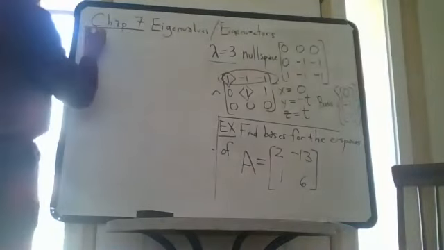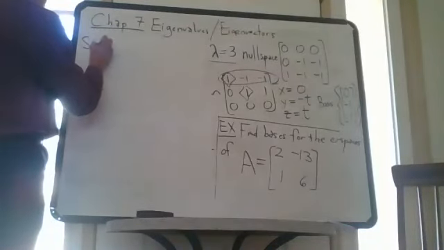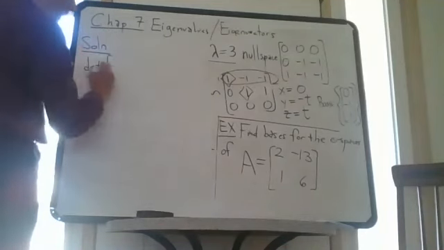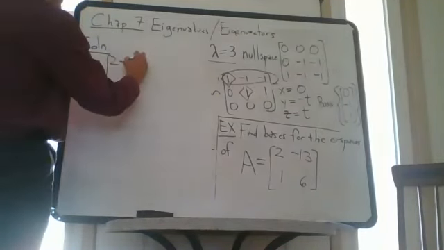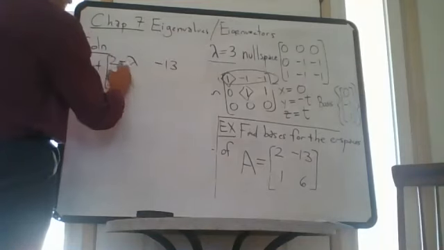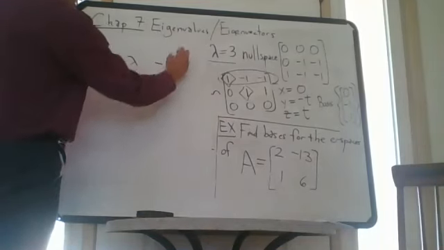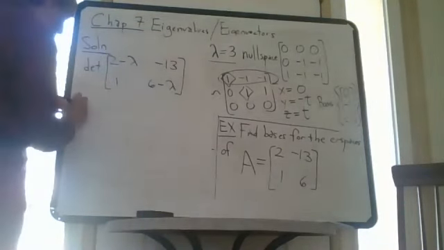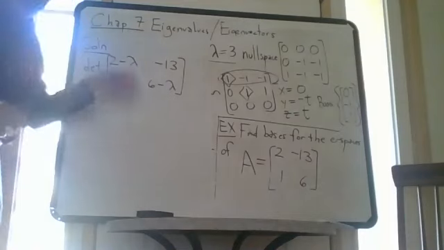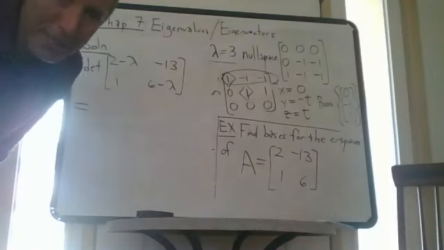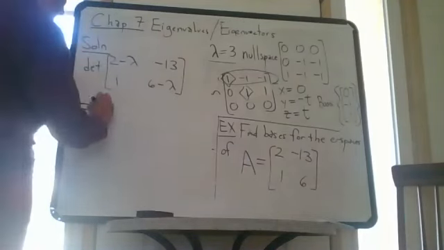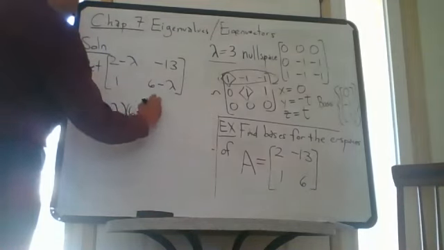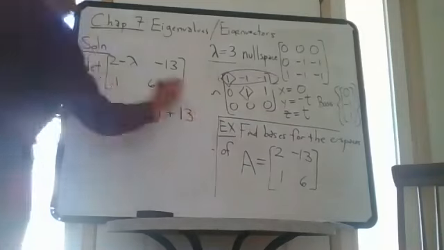So for the solution, I'm going to do my characteristic equation like usual. I'm going to subtract lambda off of the main diagonal of this matrix. Okay, and because this is a 2 by 2, I don't mind just using the 2 by 2 determinant formula. So I'm just going to get the quantity 2 minus lambda times 6 minus lambda, and then plus 13.